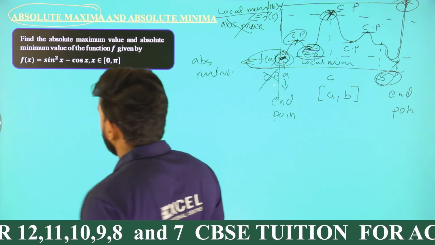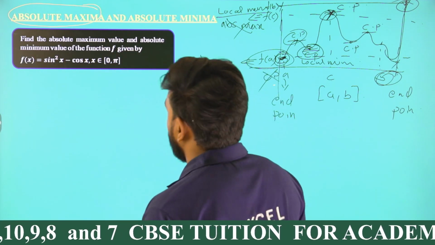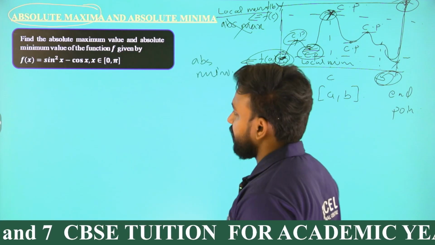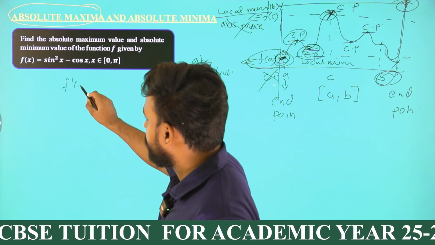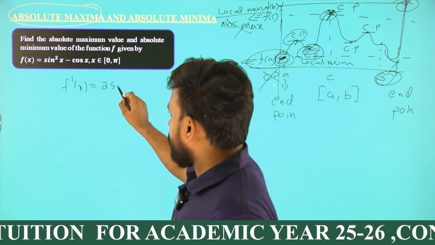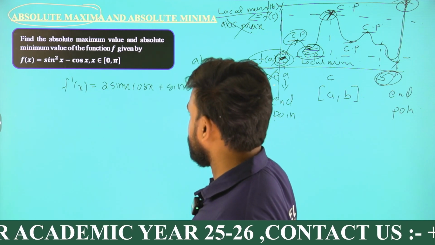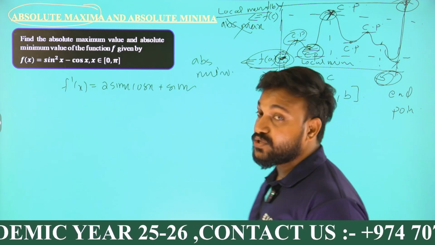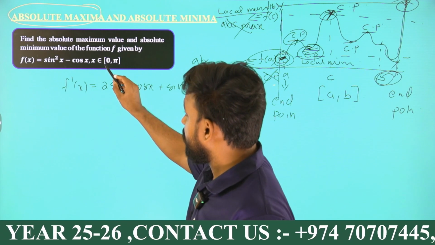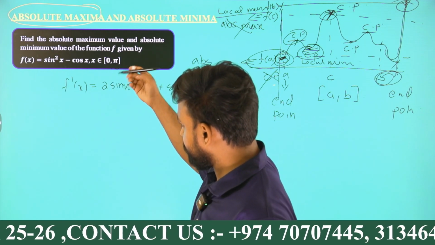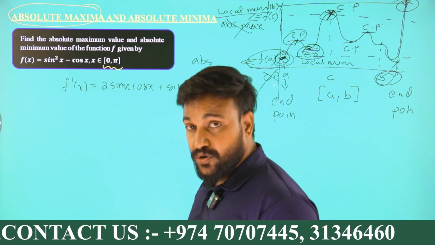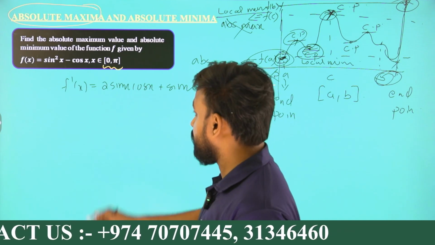Listen, find the absolute maximum value and absolute minimum value of the function f given. Anyway, you have to differentiate it. You get 2 sin x cos x plus sin x when you differentiate it. You need critical points, because it has a starting and ending point, and you need to check where the critical points are too.